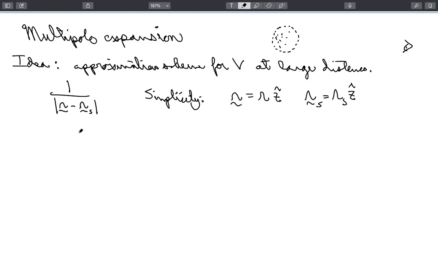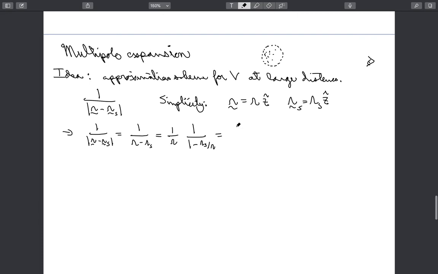Right, so what does this mean? It means that I can just rewrite this 1 over |r minus rs| as the following thing. It's just really literally now 1 over r minus rs, and I can rewrite this in a convenient series. So I extract the 1 over r, I'm left with just this ratio here, rs over r, and this here I can expand in the Taylor series.